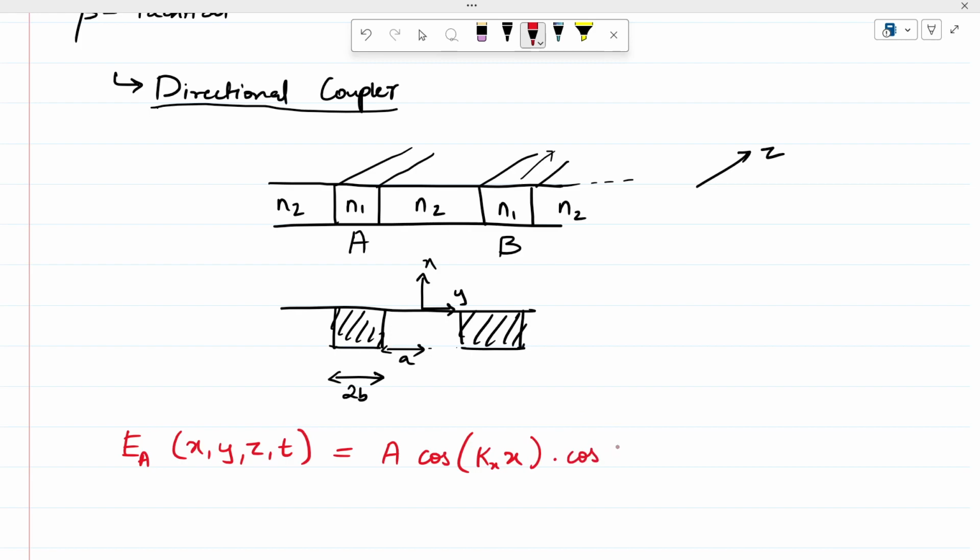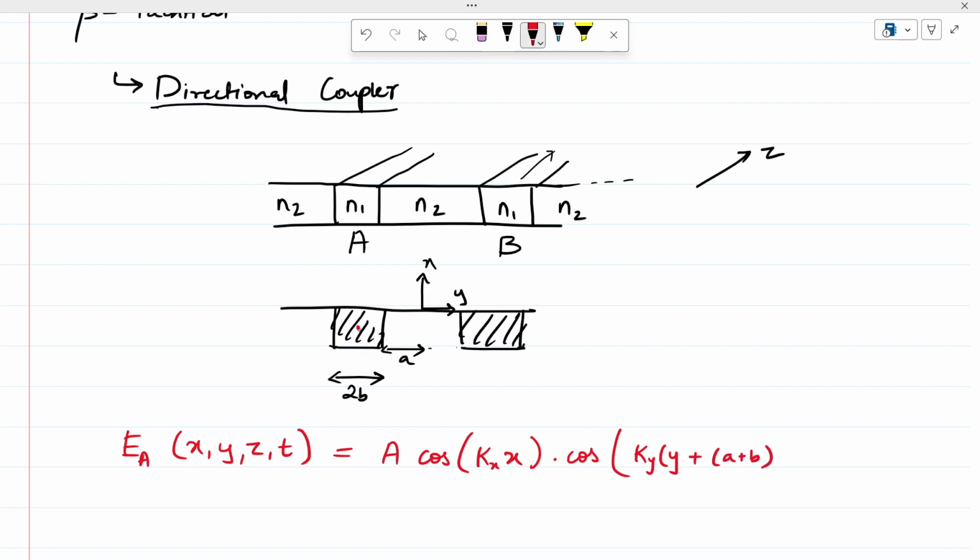times cos kappa y, but since now it is not at y equal to 0, the center of the waveguide lies at y equal to minus (a plus b) and plus (a plus b). So if this is my A waveguide, then I will write y plus a plus b.